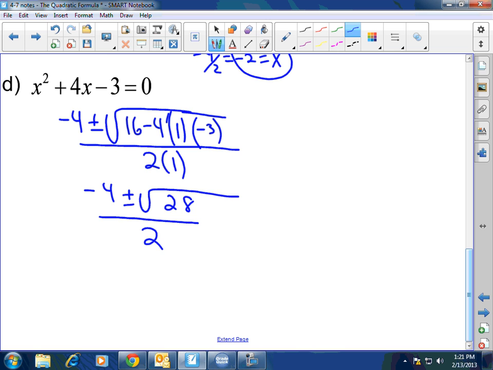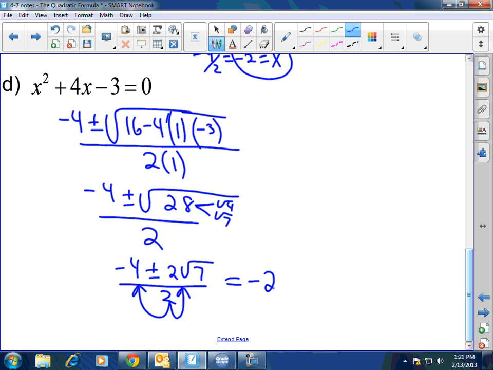Now pay attention, guys. Square root of 28, doesn't that break up into the square root of 4 times the square root of 7? So this is where your skills come in. Negative 4 plus or minus 2 radical 7 divided by 2. You can divide 2 into this and into that. So in the end, I get negative 2 plus or minus square root of 7.